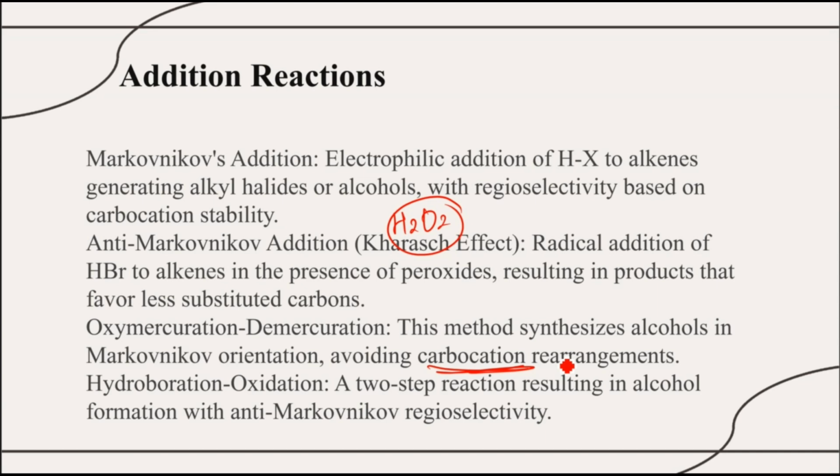It is asked for the alcohol synthesis. Okay, then hydroboration followed by oxidation. This is a two-step mechanism where the reagent involved is BF3 with THF, followed by H2O2 with the base. Okay, this follows anti-Markovnikov, and syn addition happens over here.